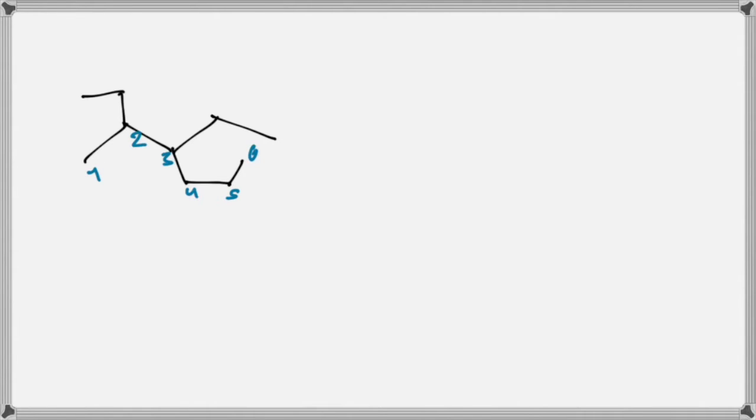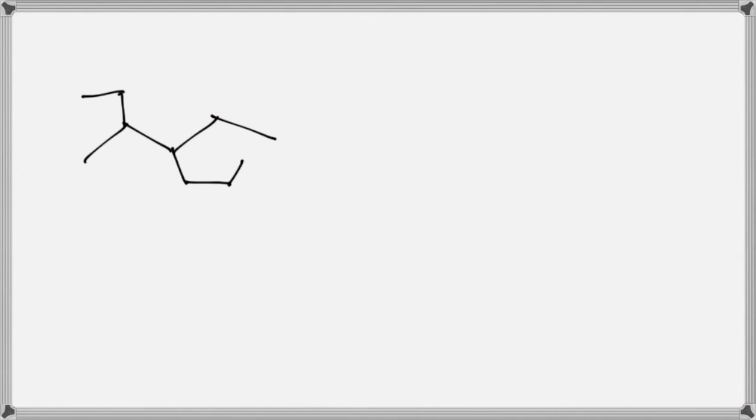However, if we look closely with the purple color, actually we're going to put 1, 2, 3, 4, 5, 6, and 7. So that's going to be right. That's going to be the longest carbon chain.